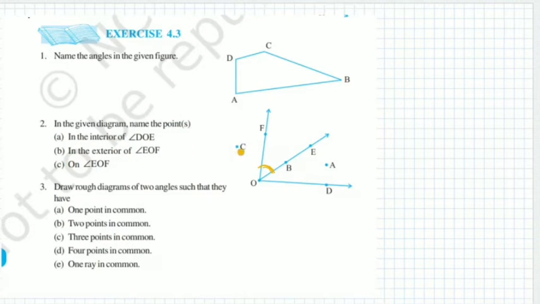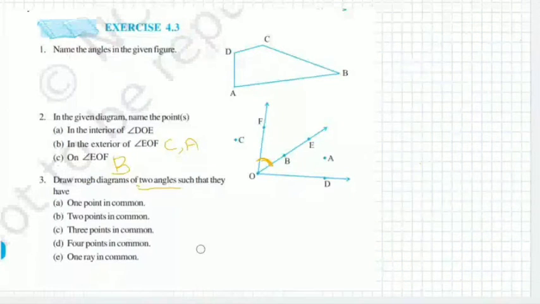So points outside this will be C and also A. So we can write C and A are outside. And the next one, on angle EOF. This is EOF. On that means B is lying on that.